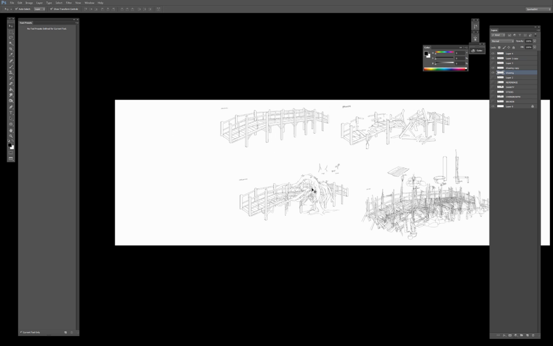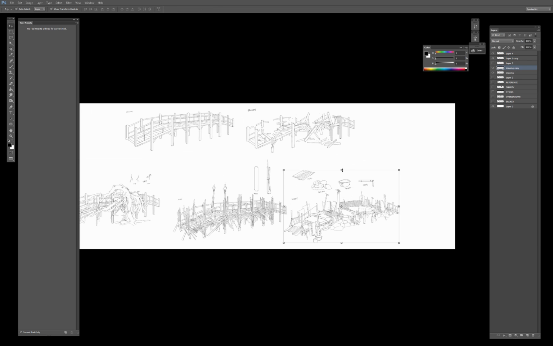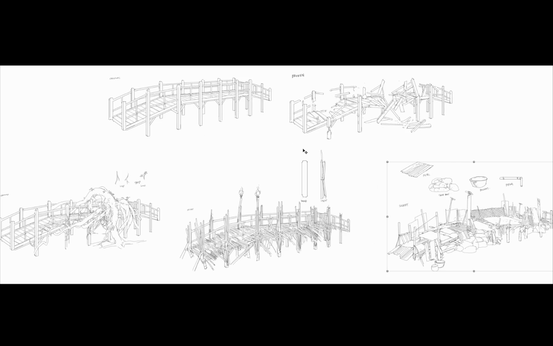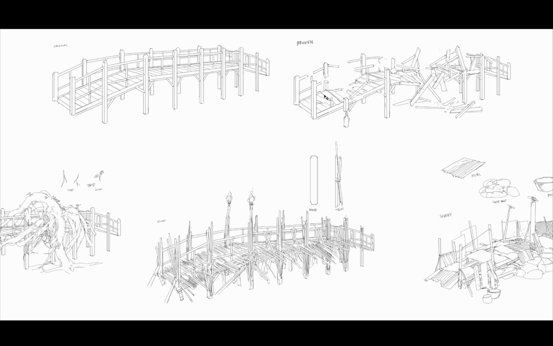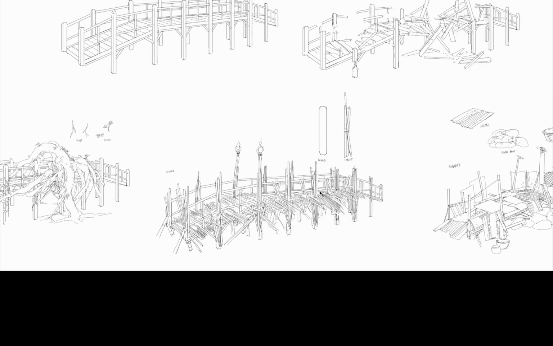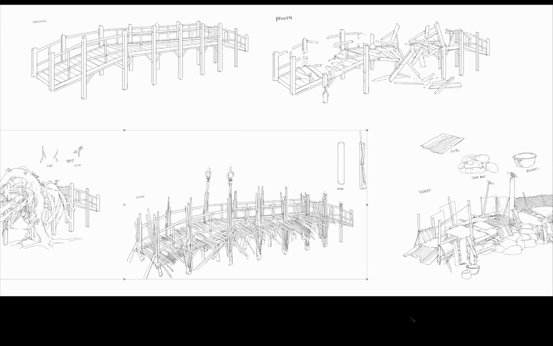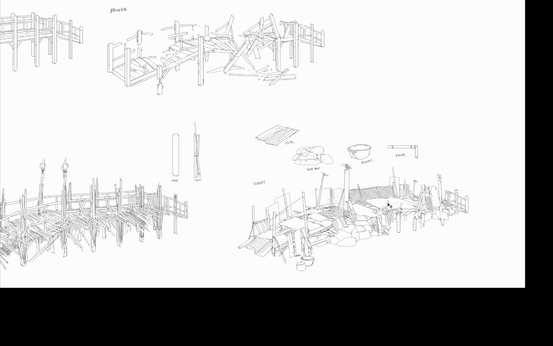We have our broken bridge. We have our overgrowth bridge. We have our bridge made of sticks, right? We got all of these little stick elements here. Let me move this off to the side so it doesn't get too distracting. And then we have our bridge made up of shanty parts: metal, sandbags, buckets, pipes, all that stuff, right?